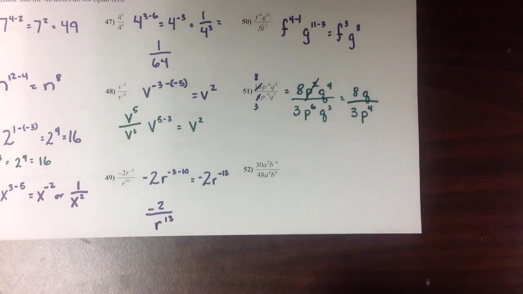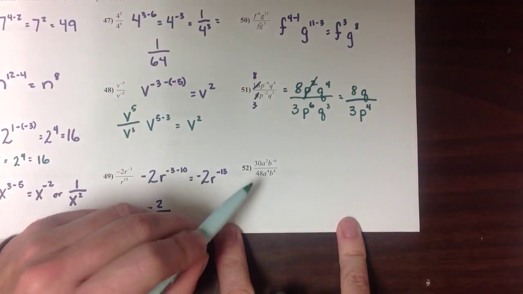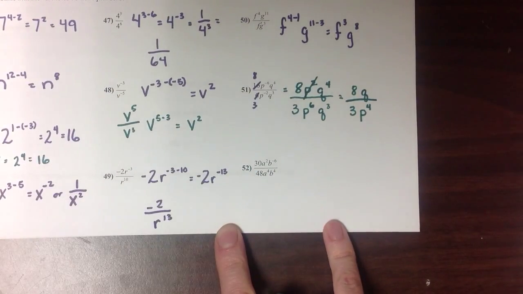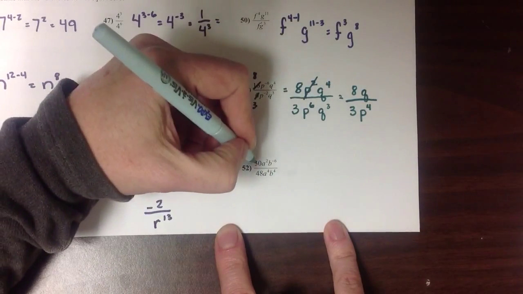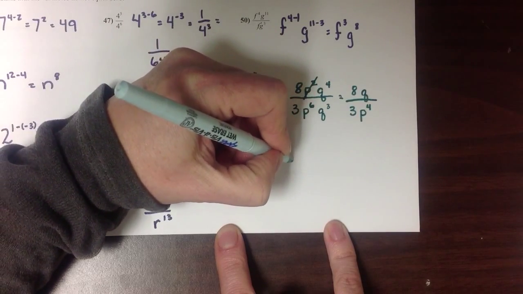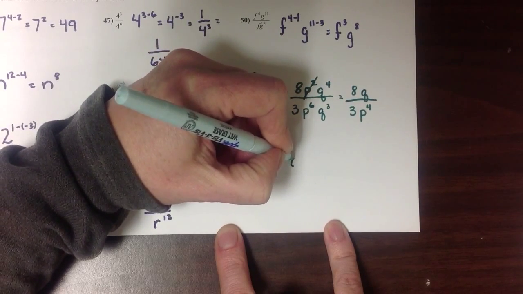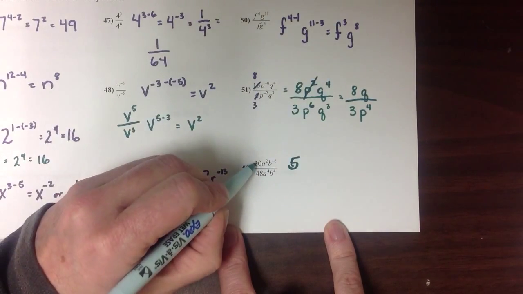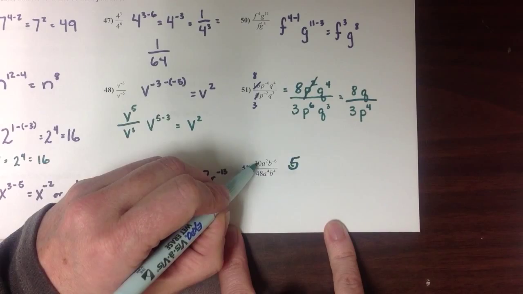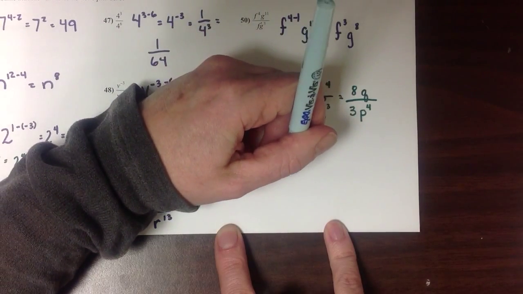And our final problem down here, I'll reduce my number parts first. I can divide both 30 and 48 by 6. So I'm going to reduce the numbers here to 5, because 6 goes into 30 5 times.